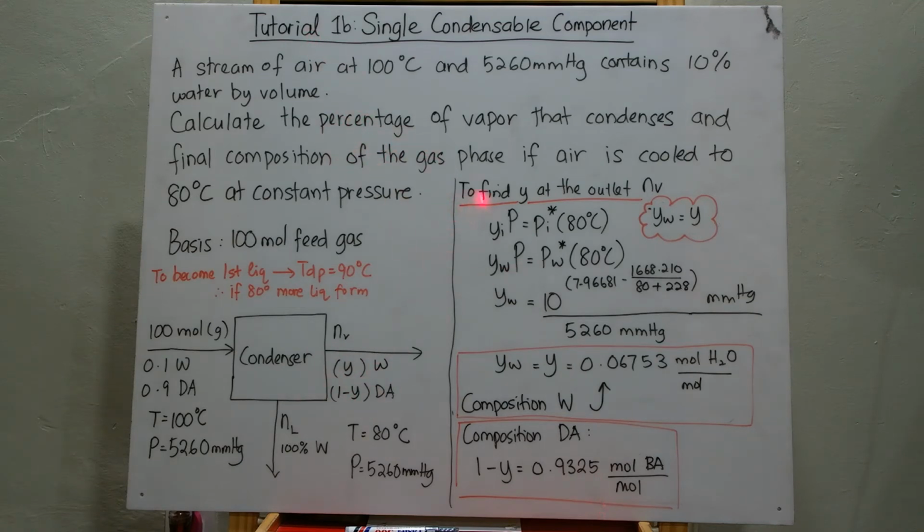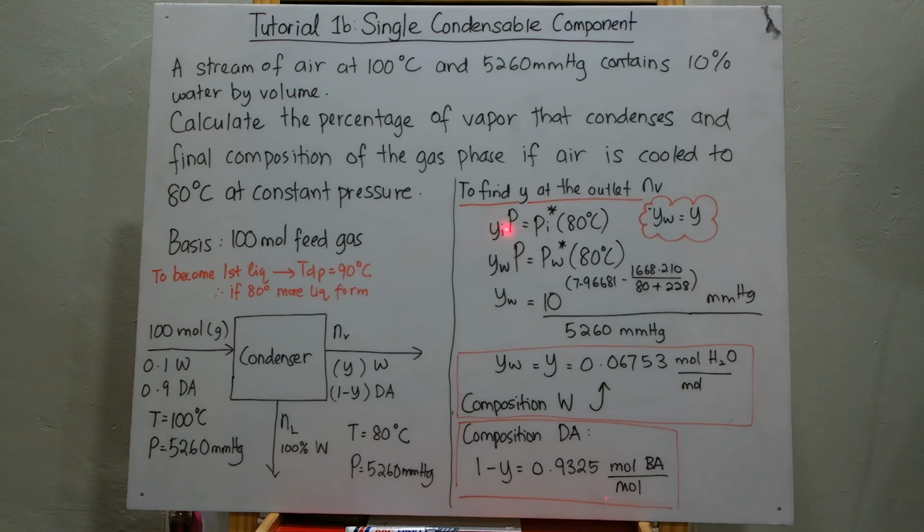So in order to solve this question, we need to find the composition of the gas phase. This is the gas phase here, right? To find the composition of this gas, we use Raoult's law. Because this is gas, we can use Raoult's law in equilibrium, where we relate mole fraction of gas with the vapor pressure.